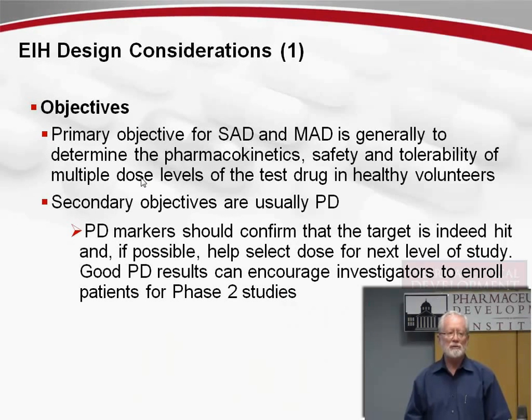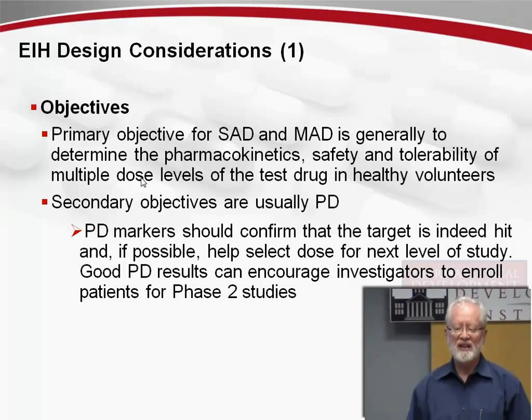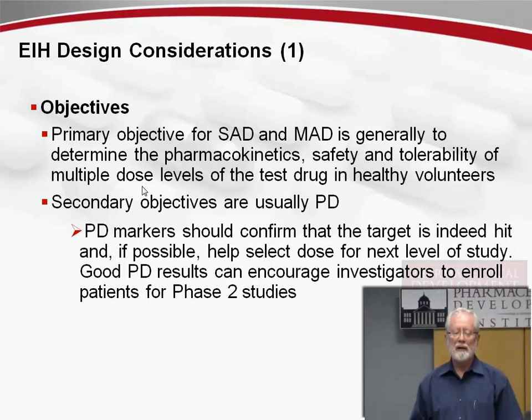The primary objective is really to look at pharmacokinetics and safety and tolerability of single and multiple doses of the drug. And the secondary objective is usually pharmacodynamic. So the pharmacodynamic markers should confirm that the target is hit and, if possible, help select the dose for the next level of study.